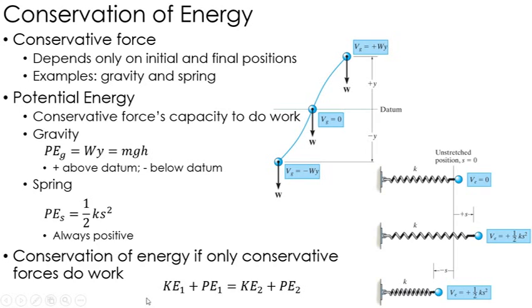And what I mean by that is the initial kinetic plus potential energy equals the final kinetic plus potential energy. So the total energy, kinetic plus potential, remains constant throughout the entire system. And that's only if I have conservative forces such as gravity and springs that energy is conserved.